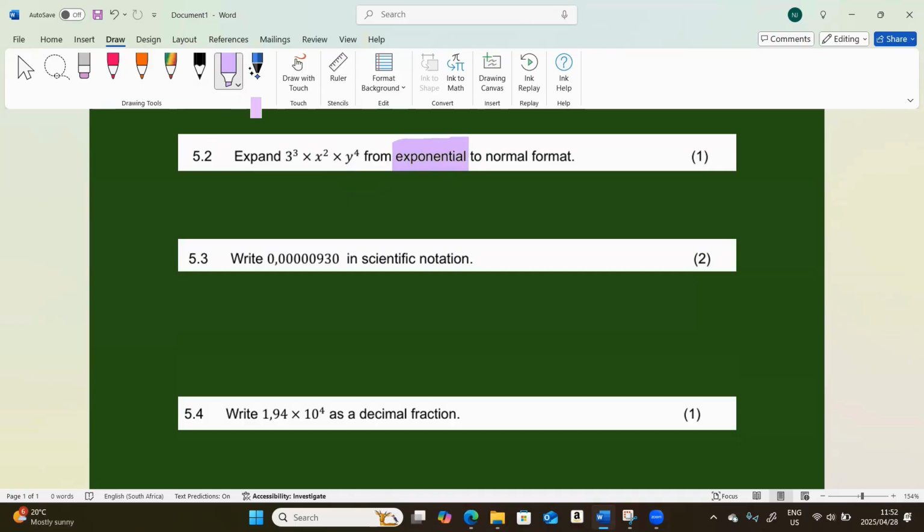But now they want us to do the opposite of what they asked in 5.1. They want us to write this in the normal format, which is where we multiply. We basically expand this, as they state over here.